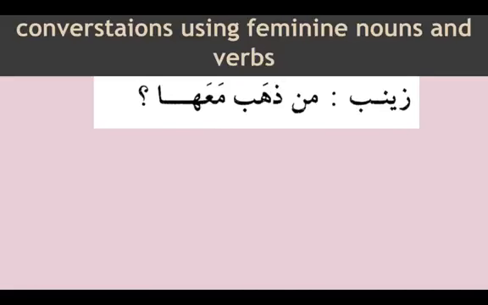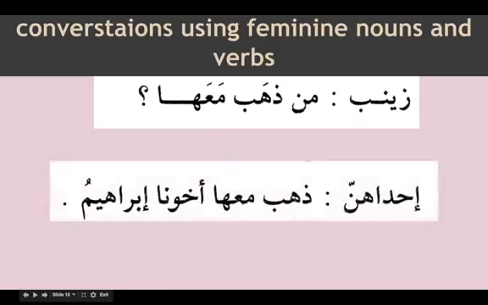Zainab: man zahaba ma'aha. Man means who, zahaba went, who went, ma'aha with her. So ma'a is zarf, ha is mudaf ilayhi. So man zahaba, who went with her. So ihdahunna, one of them says zahaba. So now this is a jumlatul fi'liyah. So what are we looking for? A fi'l and a fa'il.